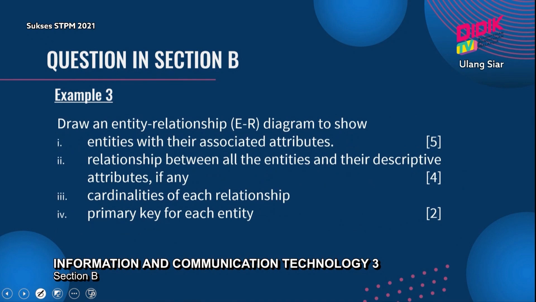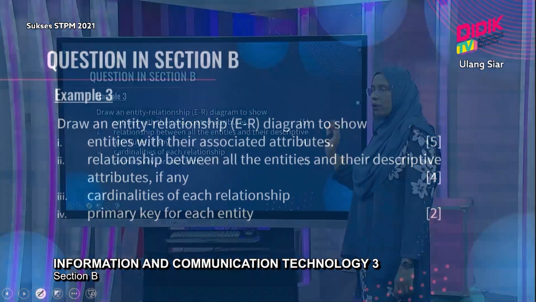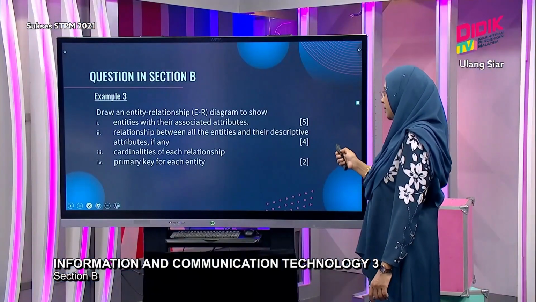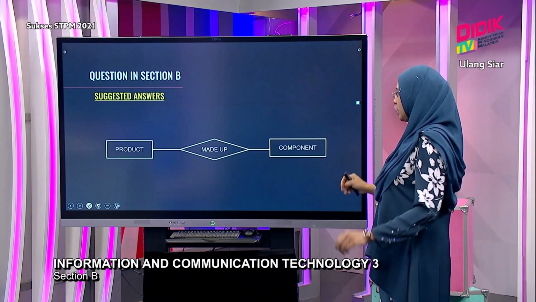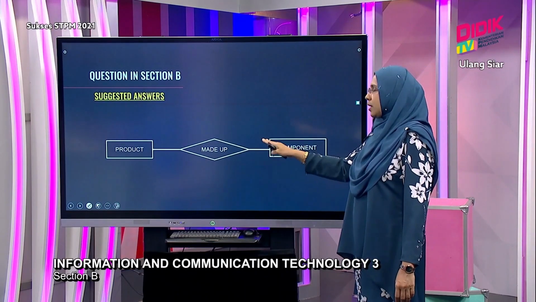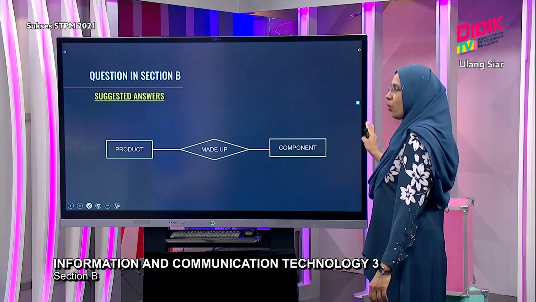The question asks for entities and attributes, relationships and cardinality, and primary key, all 15 marks for section B. So it is easy to get marks actually. You cannot get 0 here. Easy to get marks. So first, in the question, they said product is made up of component.